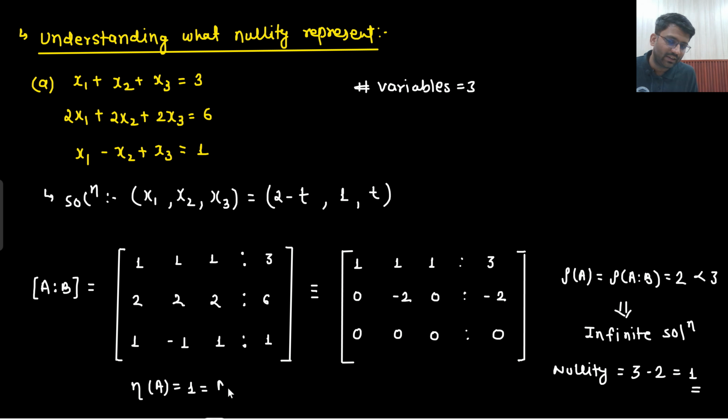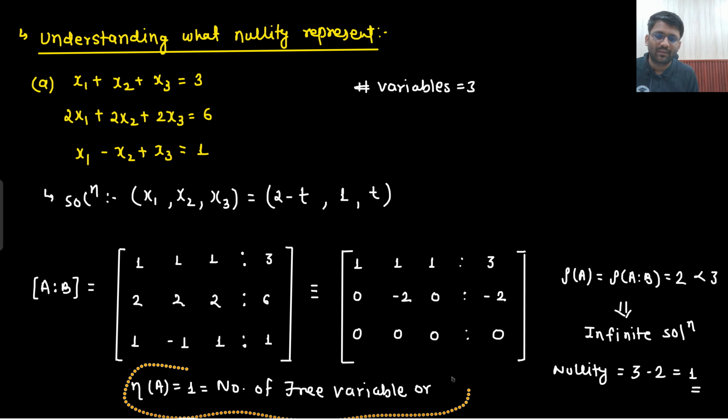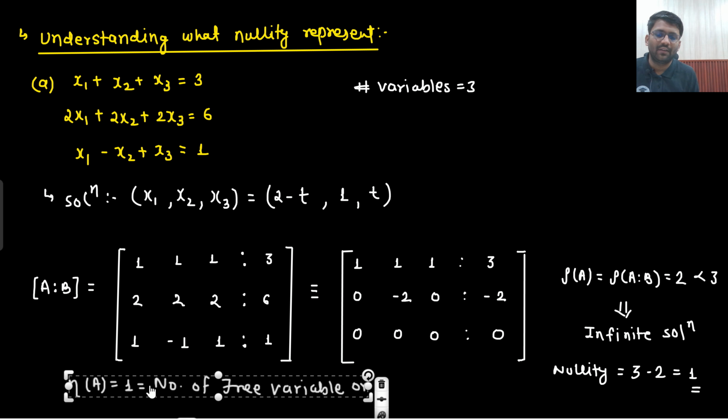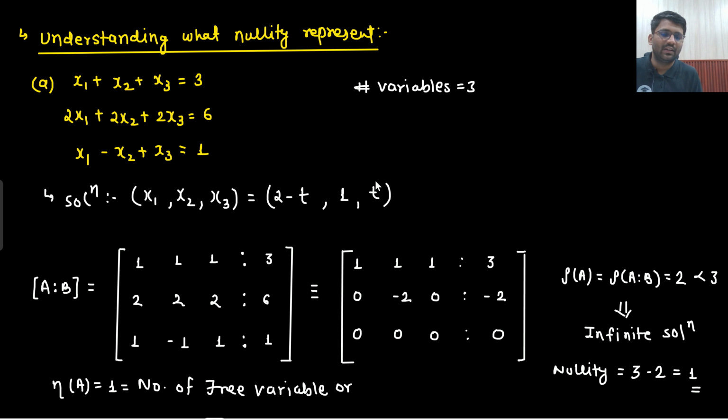This is representing the number of free variables, or you can say number of independent solutions, because this is independent of anyone. This is not depending on anyone. This is free, so this is your free variable. This is fixed, and this is dependent.